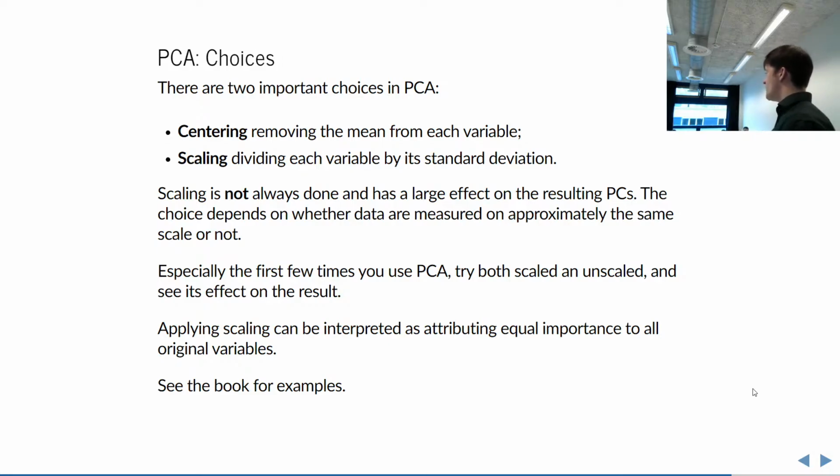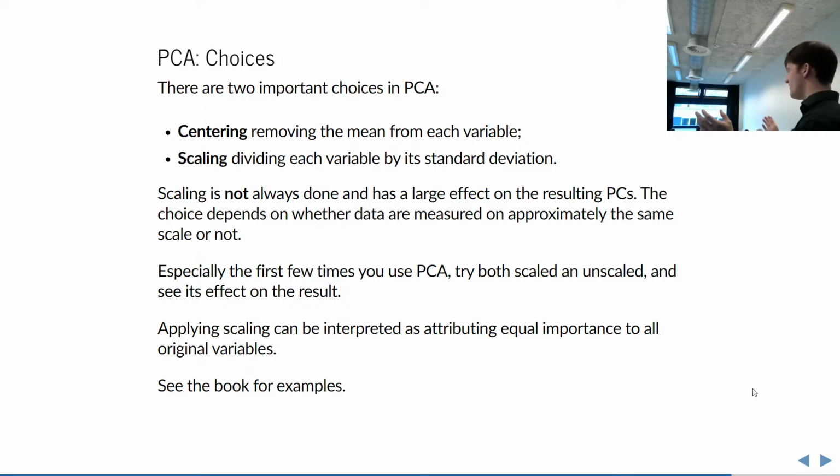However, let's say that one of my variables is the temperature in degrees Celsius. Another one is the length of a road in kilometers. The other one is the elevation in meters. The elevation in meters is going to have much larger numbers than the temperature in degrees Celsius. So these are on a very different scale. And remember, variance is just the squared difference from the mean.